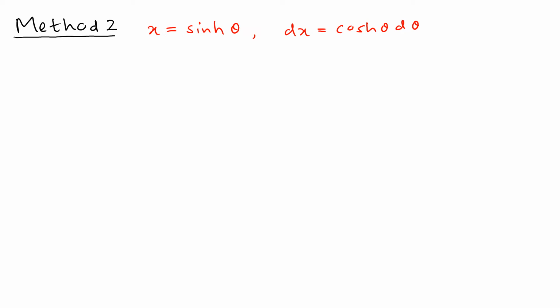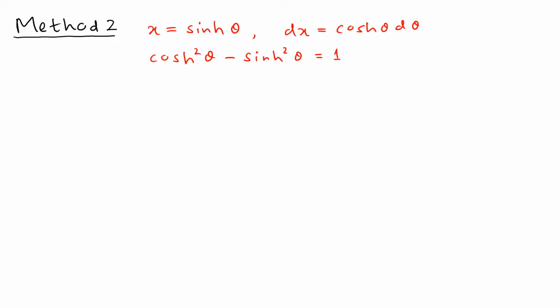We also know one of the identities, cosh squared theta minus sinh squared theta equals 1, which says that cosh squared theta equals 1 plus sinh squared theta. So we can use that.